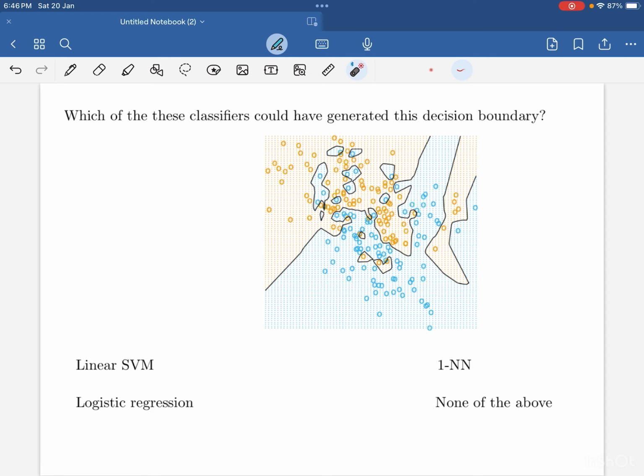That means any test point that is outside this boundary will be assigned as gold, and any point inside this boundary will be assigned as blue, because once you are inside this boundary, it is going to be near to this blue one, and once you are outside this boundary, it is going to be near to this one.